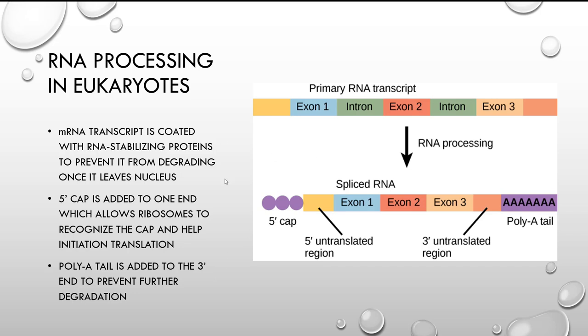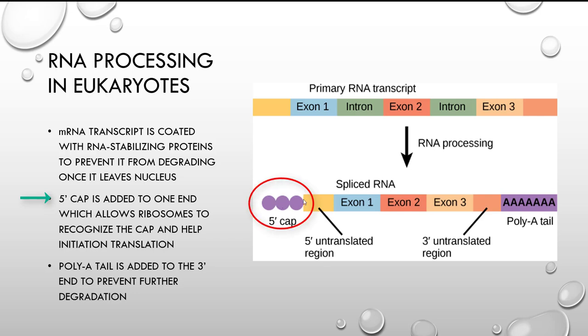First off, the mRNA transcript needs to be coated with some RNA stabilizing proteins, and that will help prevent the mRNA strand, once it leaves the nucleus, from being attacked by enzymes and degraded. One thing that gets placed is what's called the 5' cap.